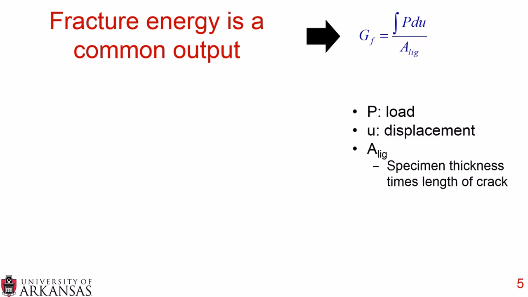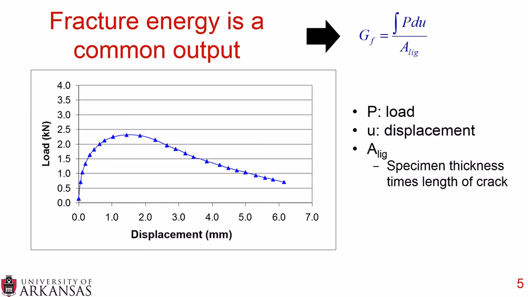And we had mentioned before that fracture energy is a common output, and you calculate fracture energy, which can be represented by G sub F, as taking the area under the load displacement curve and dividing it by the ligament area of the sample itself. So here P equals load, U equals displacement, and A sub Lig, the ligament, is the specimen thickness times the length of the crack.